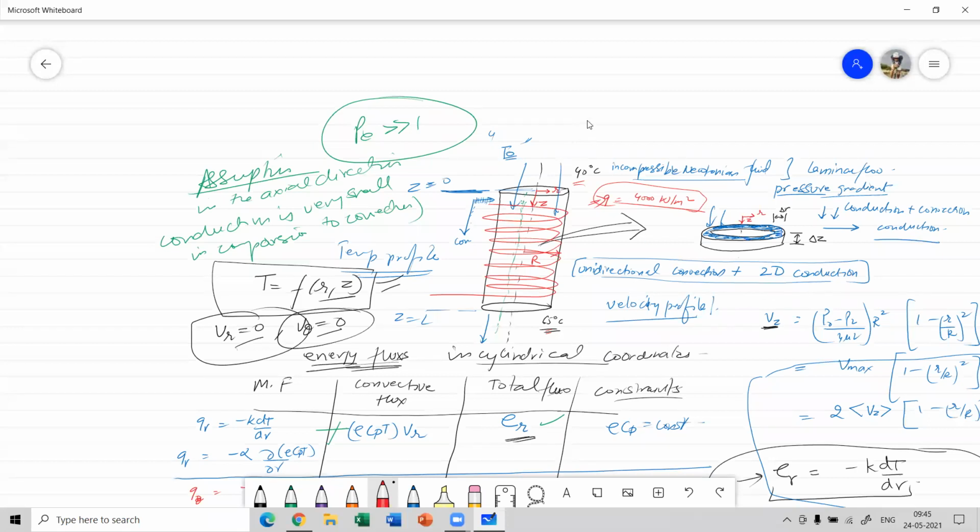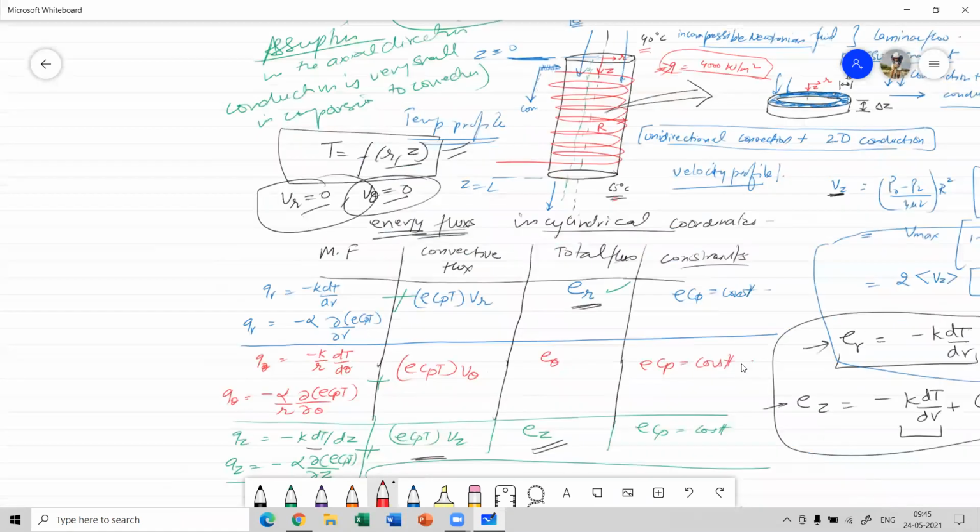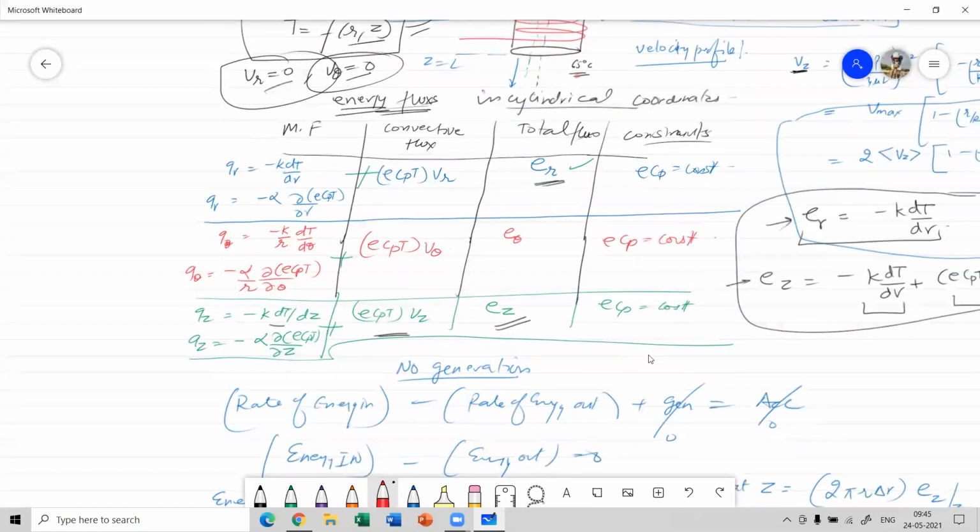Unidirectional convection means along the velocity profile, along the axis, heat is transferred under the effect of convection, and along the radial direction, it is under the effect of the conduction process. So these were the different energy fluxes which we assumed.